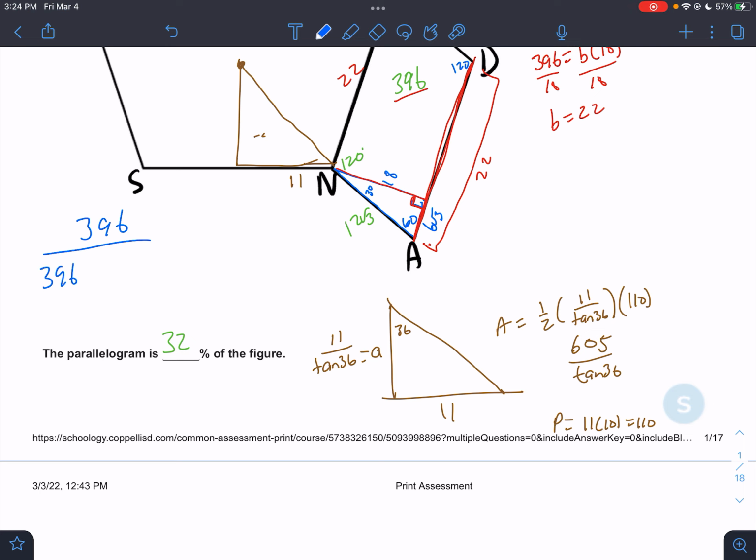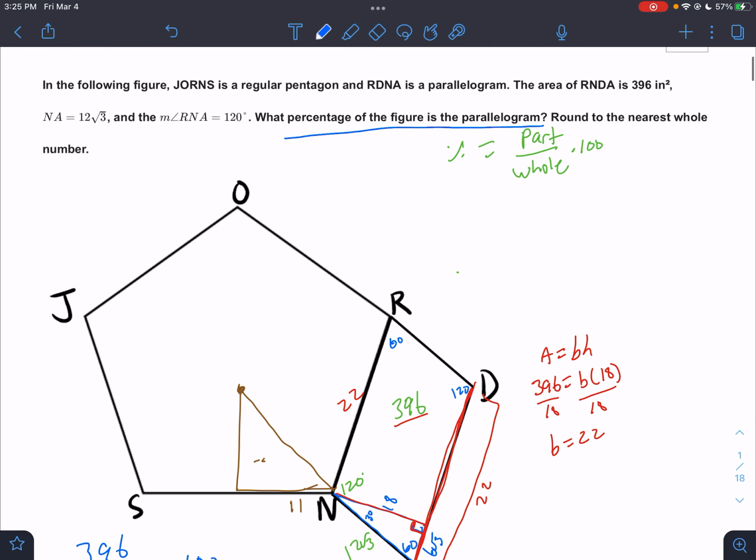That would be the parallelogram plus the pentagon times 100. So I'm going to type that in, hit the fraction key first, 396 over 396 plus 605 over the tan of 36 times 100. It's 32.2, round to the nearest whole number, it's going to round to 32%.